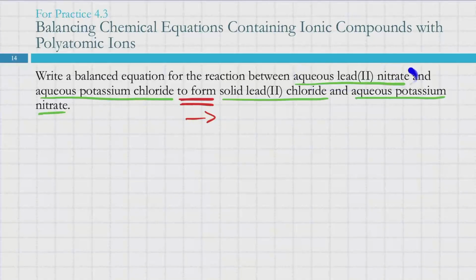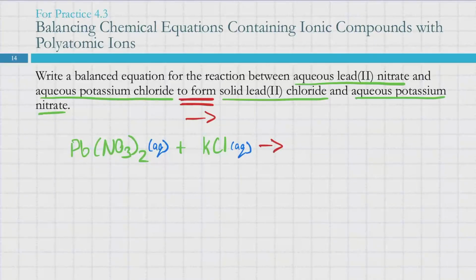So our first reactant, aqueous lead 2 nitrate. What does the 2 behind lead mean? Oh, lead. It's the charge. It's got a 2 positive charge. This is going to be Pb(NO3)2. We are also reacting this with, mixing it with potassium chloride, KCl, also aqueous.